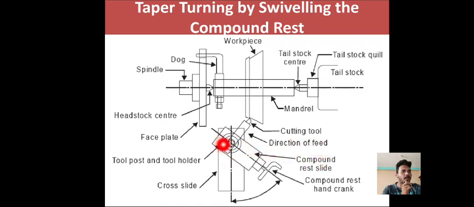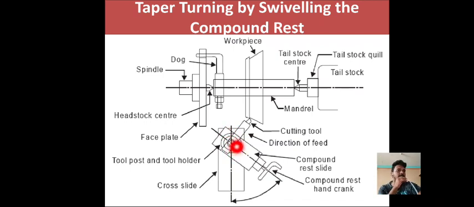The compound rest has been swiveled from this axis to this axis, to an angle of 45 degrees. This will be mounted on this. The axis of this and the axis of the compound rest will be the same. The cross slide as well as the tool post, the axis will be the same.